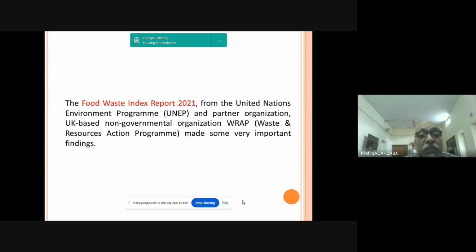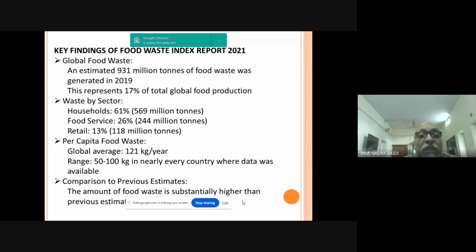Now let us come to the next report, which was an eye-opener, and that was the Food Waste Index Report 2021. What were the key findings of this report? Global food waste, how much? We have seen 931 million tons of food was wasted in 2019, and that is around 17% of the total global food production.